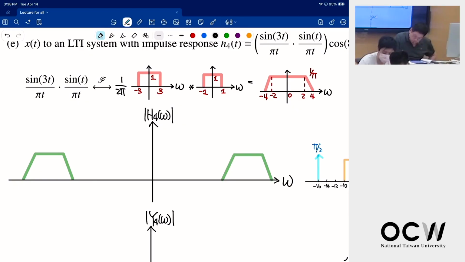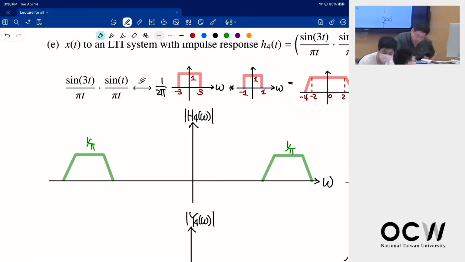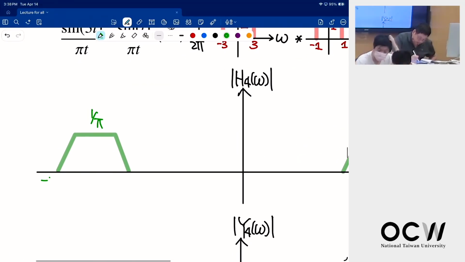Okay, so here it's 1 over pi, 1 over pi, from -12, -4, well, here we have -10. All right, the middle is -8.